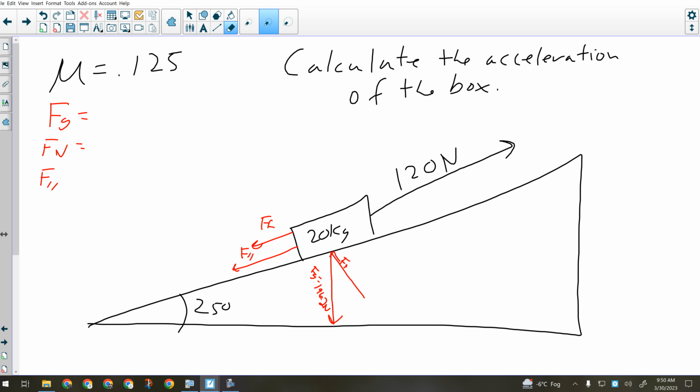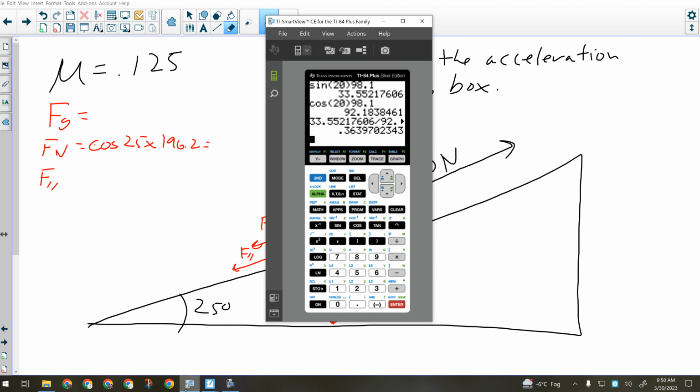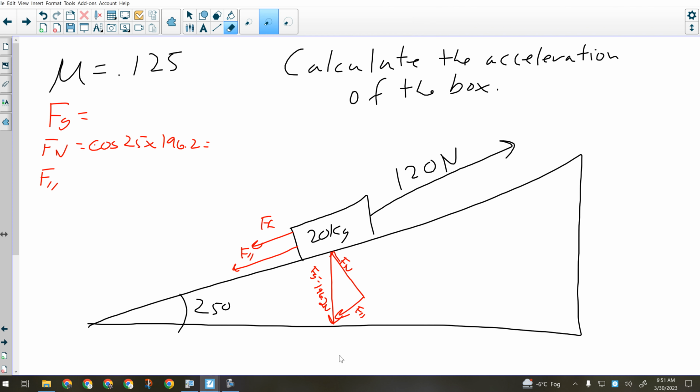This side here is going to be normal force. This side here is going to be F parallel. So normal force is going to be the cos of 25 degrees times 196.2. My normal force is 177.82.